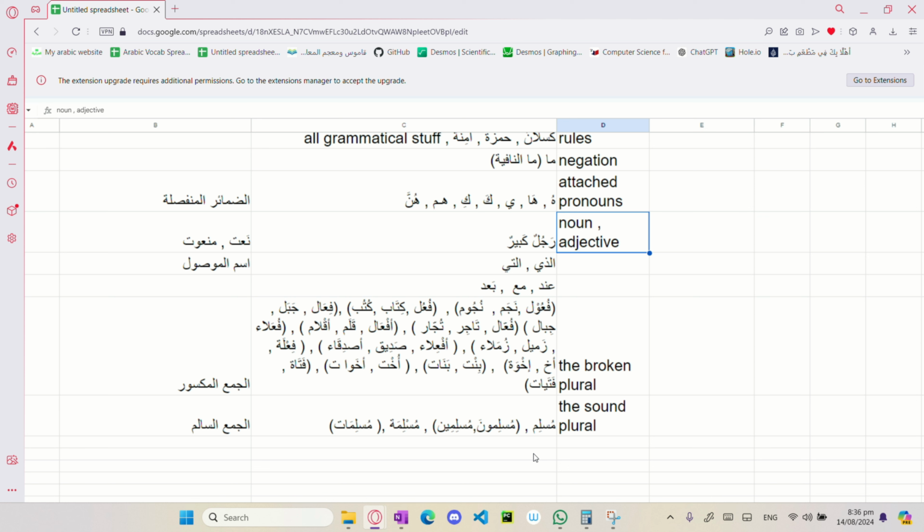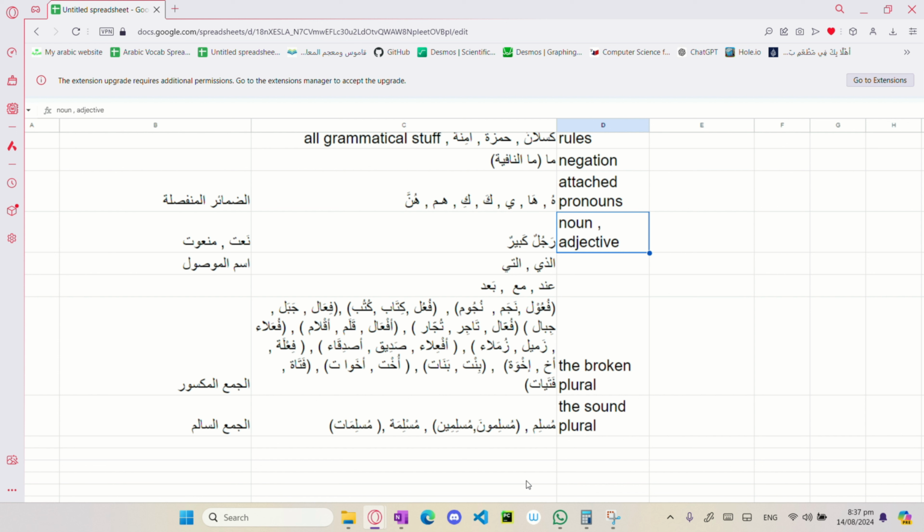So Muslim is a standard word, which means Muslim, and if it becomes plural, a sound plural, it will have two forms, Muslimuna or Muslimina. Muslimuna if it's marfu, if it has the default case which you have studied. And if it is majroor or mansoob, it will be Muslimina.